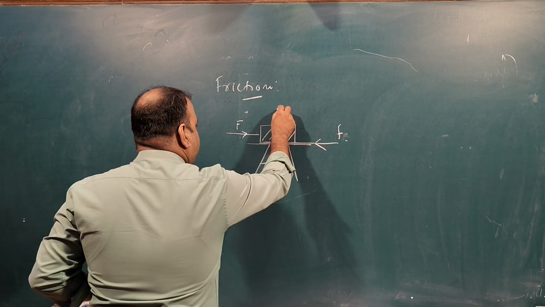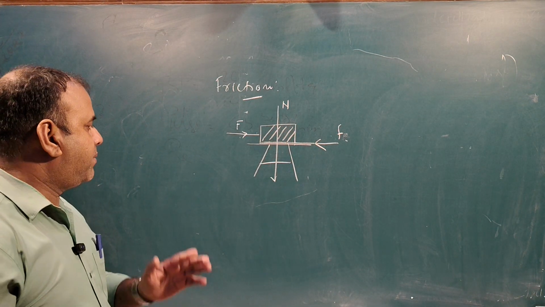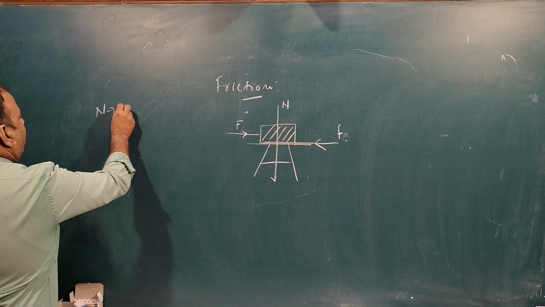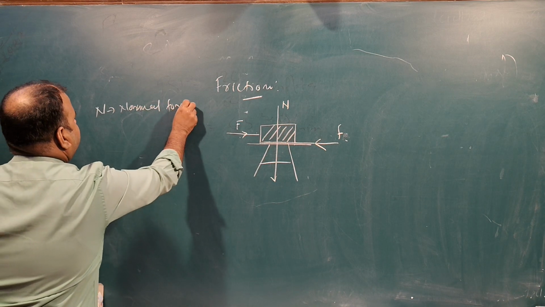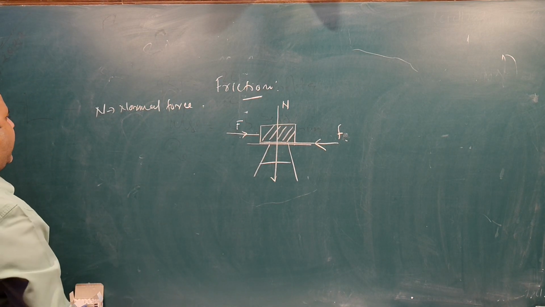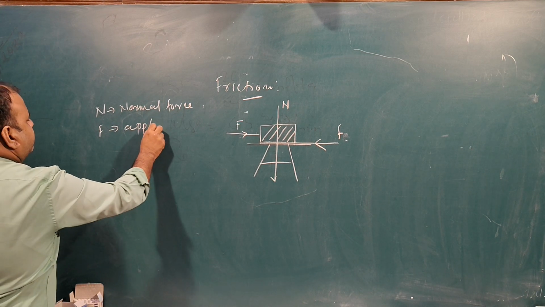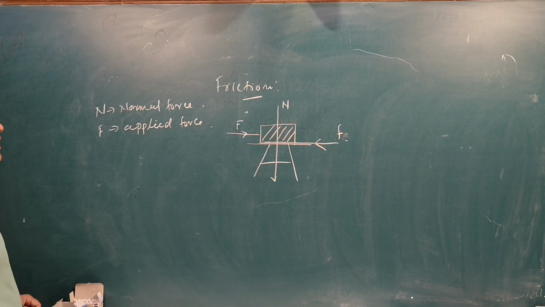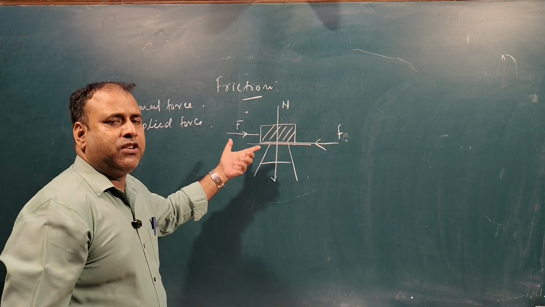The weight of the body acts downward, and this is called N. Remember, in this case N means normal force. And here F is the applied force. Dear students, you should know the physical significance of each particular force.